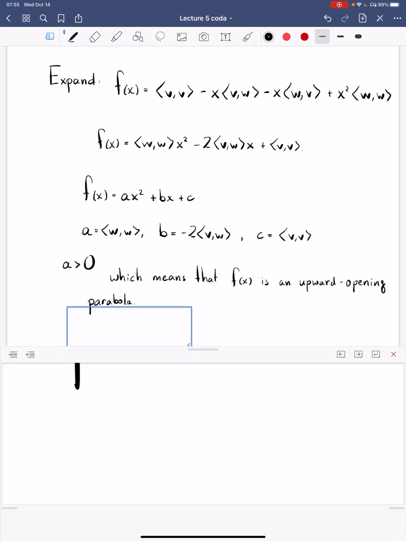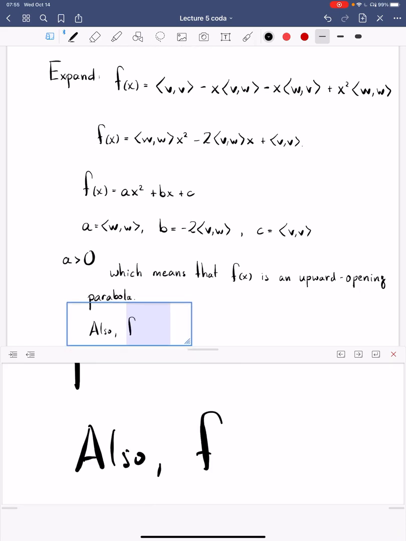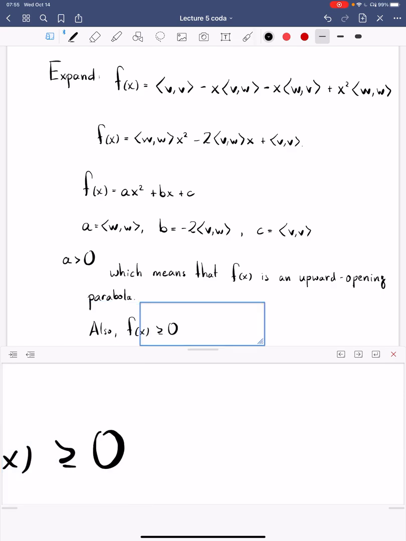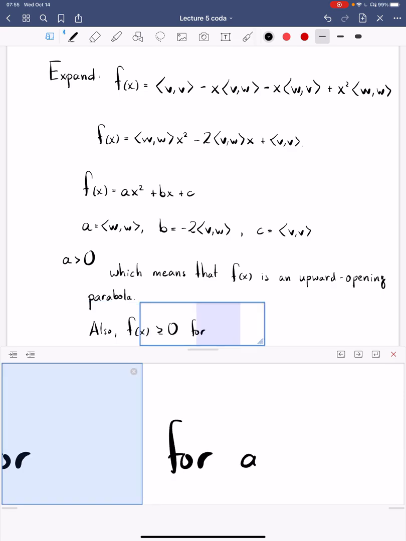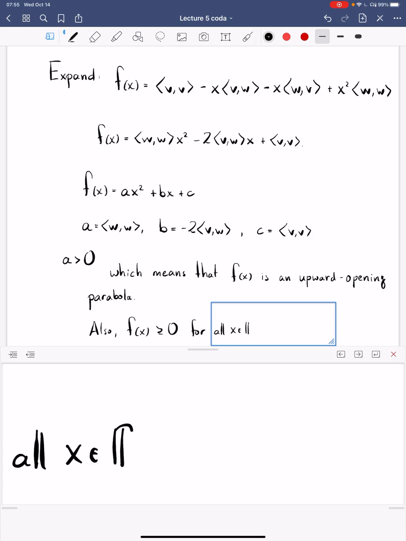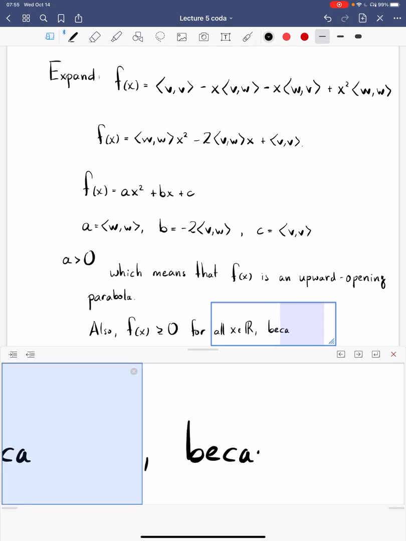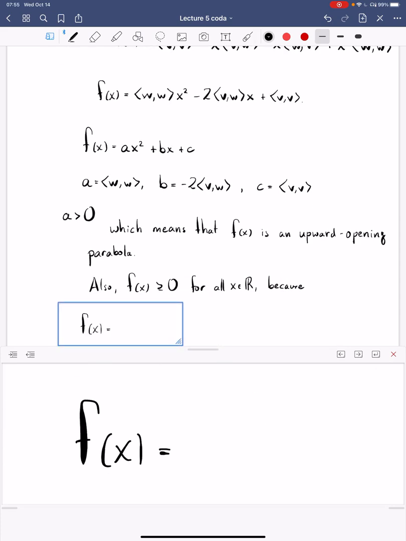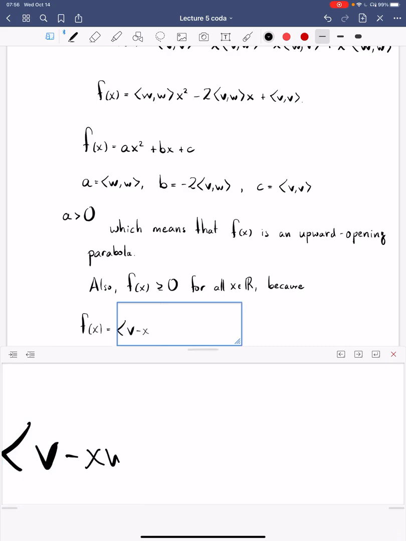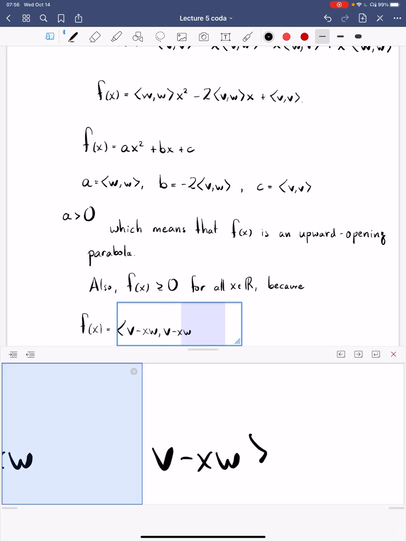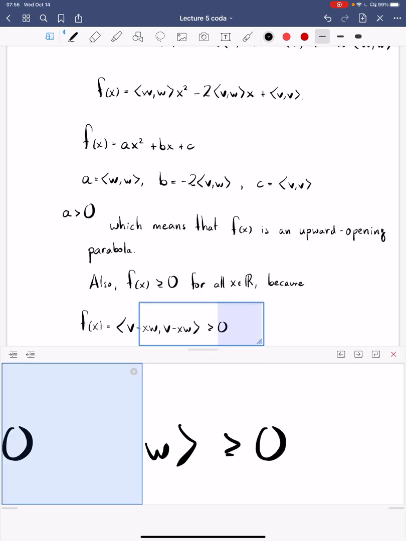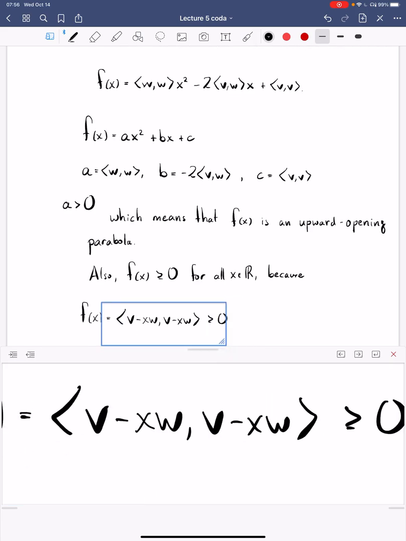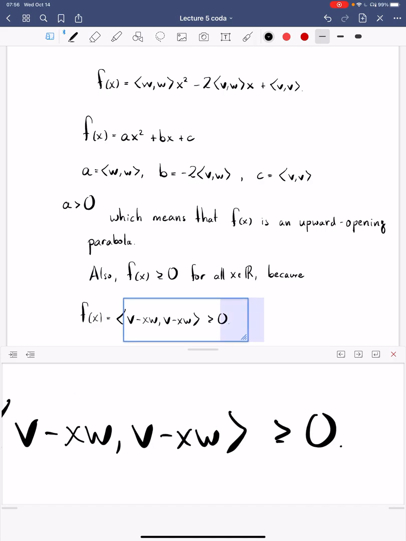Also, we know that f of x is bigger than or equal to 0 for all x, because f of x by definition is the inner product of v minus xw with v minus xw, the scalar product of a vector with itself, so it has to be non-negative. So that gives you some idea of what the graph of f of x looks like.